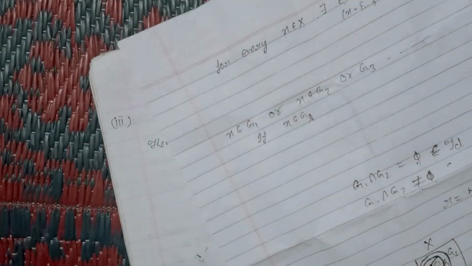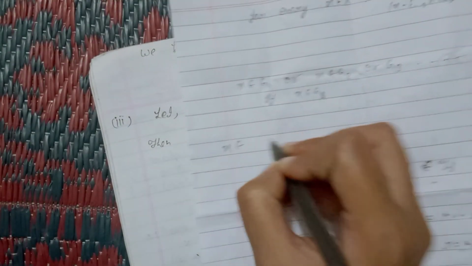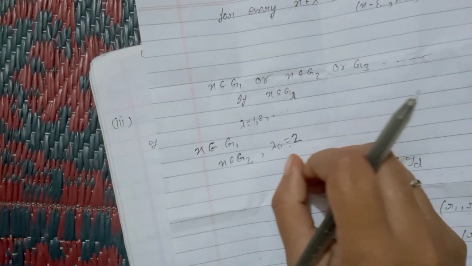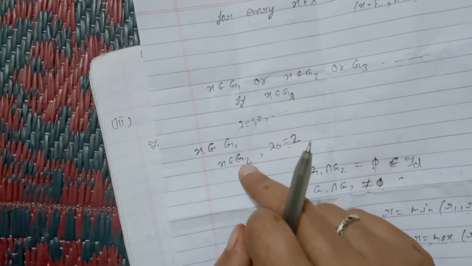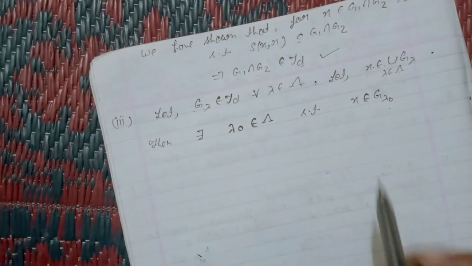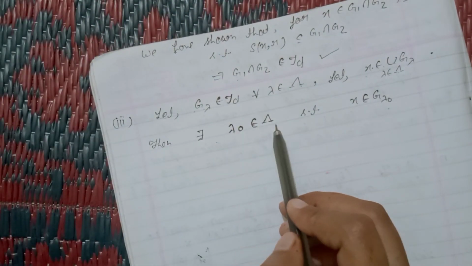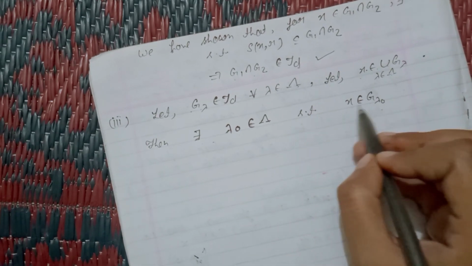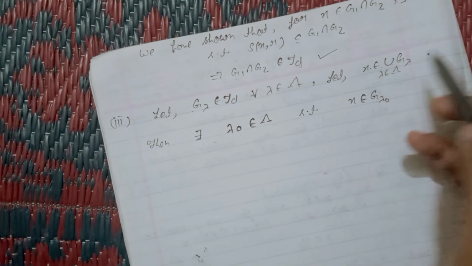Students, suppose x belongs to G1, here lambda naught is equal to 1; suppose x belongs to G2, here lambda naught is equal to 2. Similarly, there exists lambda naught belonging to capital Lambda such that x belongs to G lambda naught. If x belongs to G lambda naught, then also x belongs to the union of G lambdas, right?